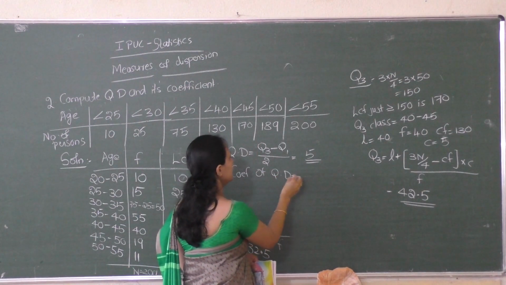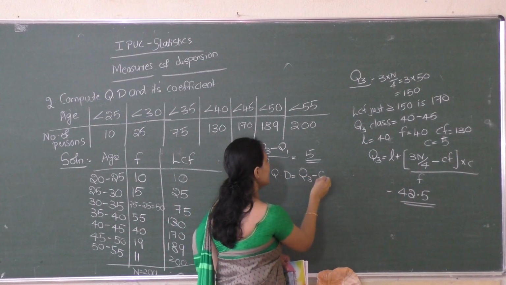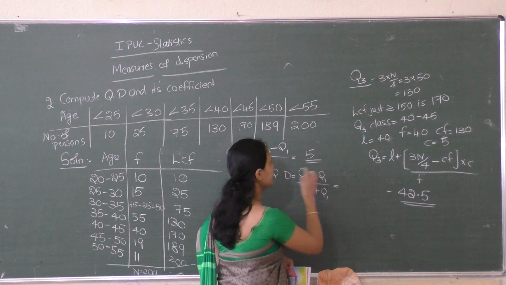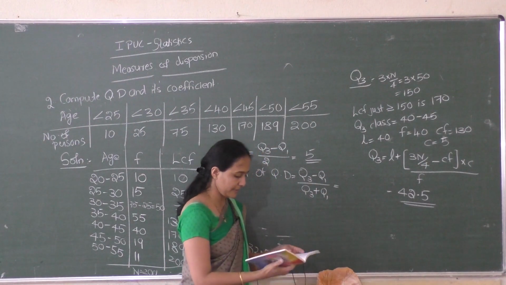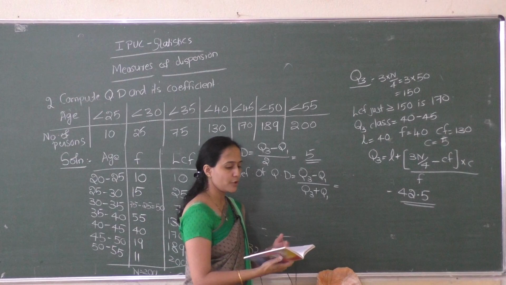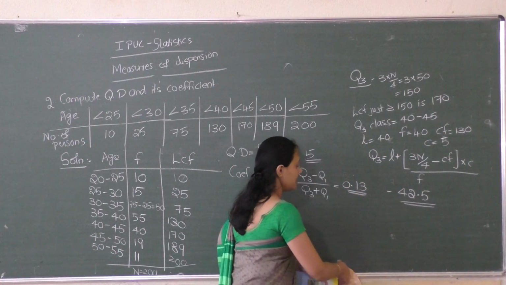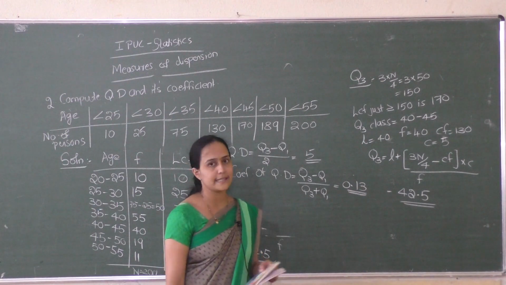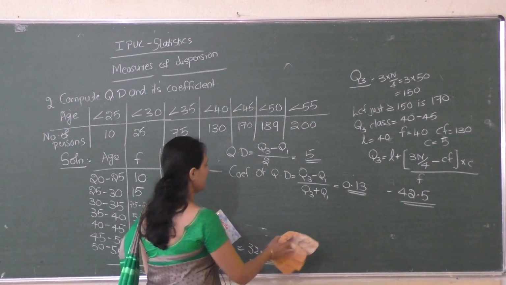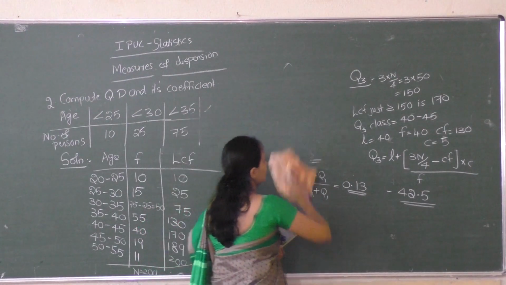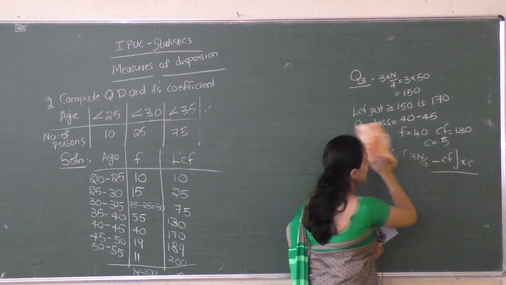Correct? Next, the coefficient of QD. Coefficient of QD is Q3 minus Q1 divided by Q3 plus Q1. Apply that, and the answer is 0.13. So once we know Q1 and Q3, it is clear, and we can apply the formula. Next we will do one more problem, not continuous.